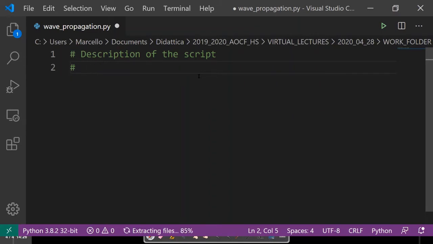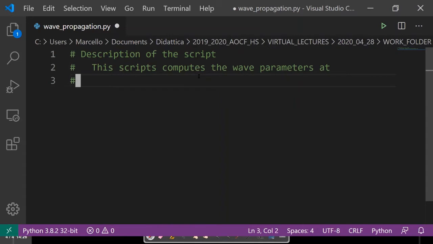Then here we can write these scripts: compute the wave parameters at the point P if they are given at a point O.